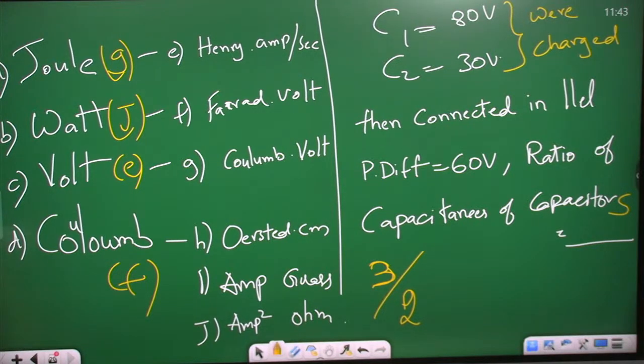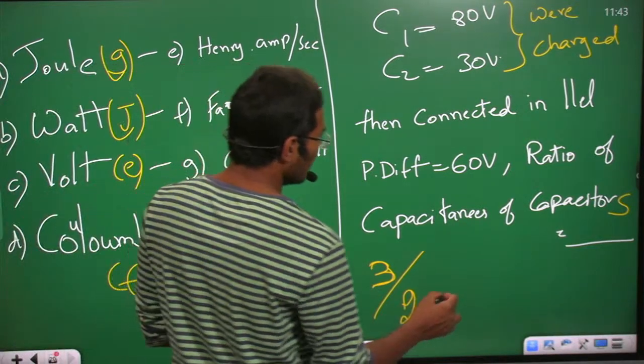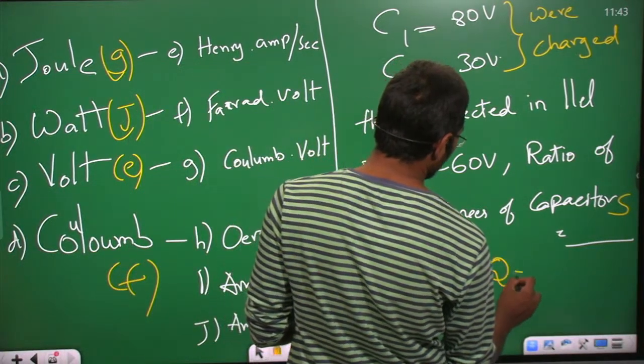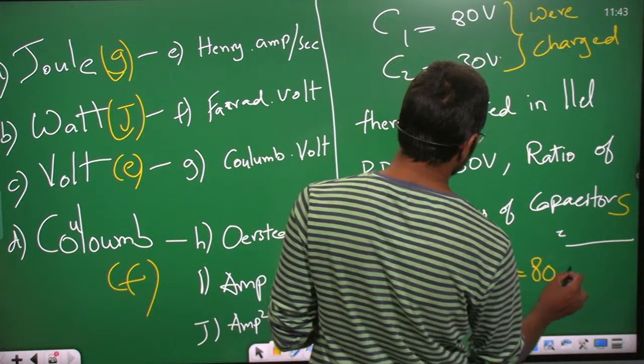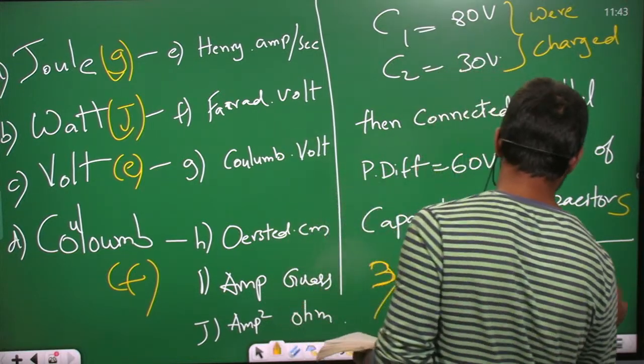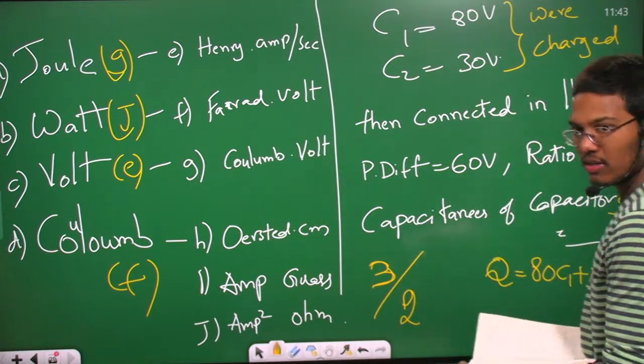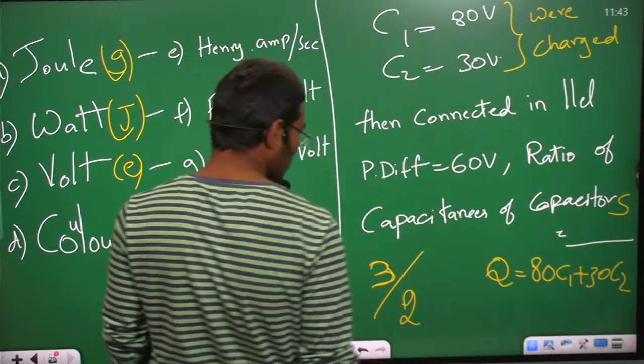See, what is the concept used here? Law of conservation of charge. Firstly, they were charged to 80 and 30 volts, right? So what will be the net charge initially? Q is equal to 80 C1 plus 30 C2, right? That is Q initially.